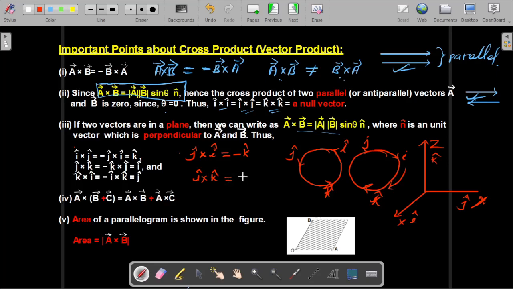Therefore, this will be minus. So j cross I cap will not be equal to plus k cap. It will be minus. You put minus sign here. You put plus here. Understood? So this is the meaning.